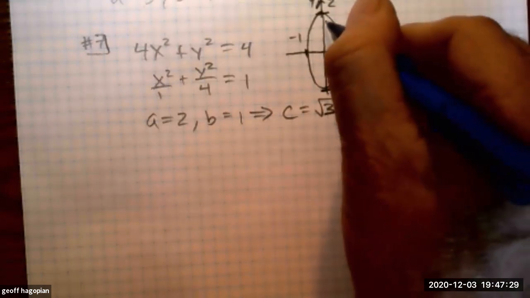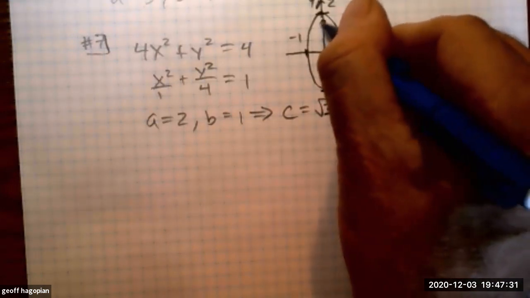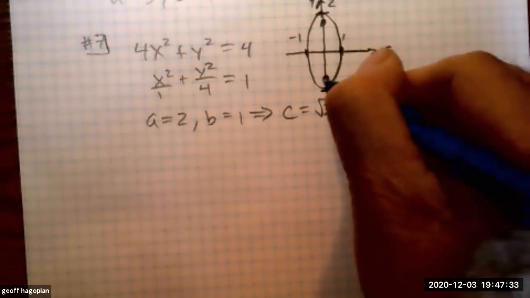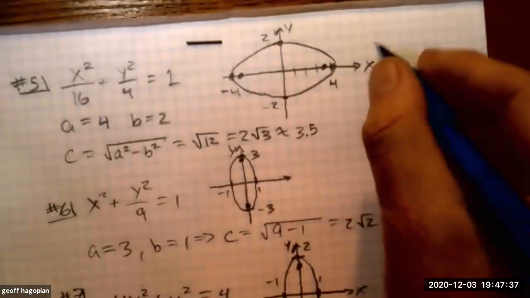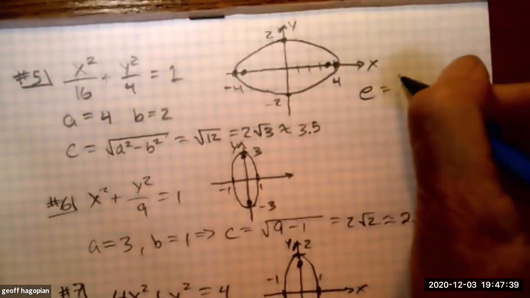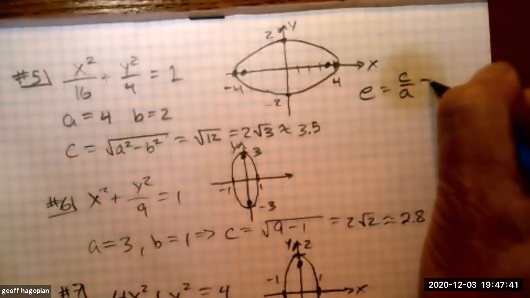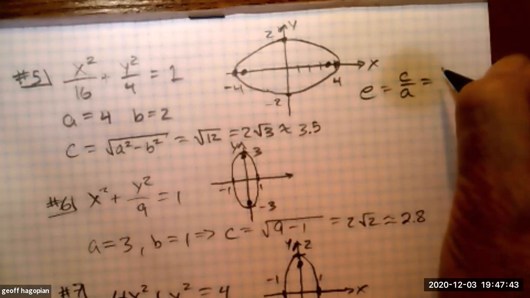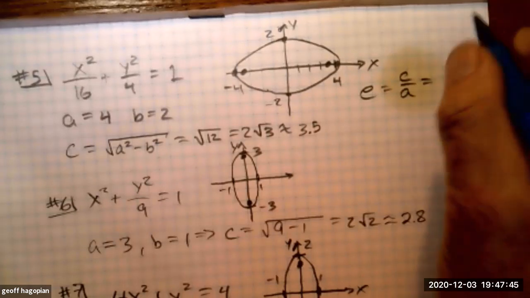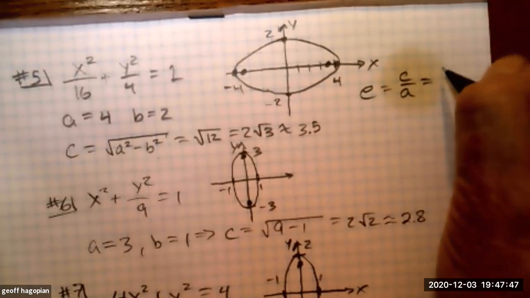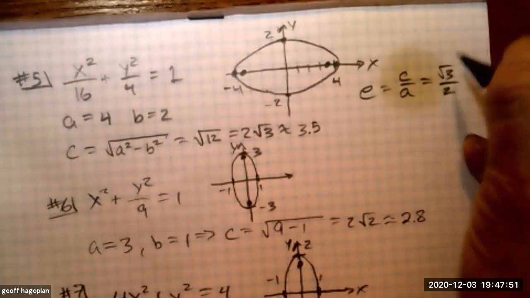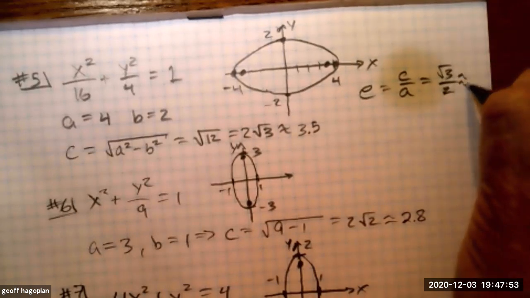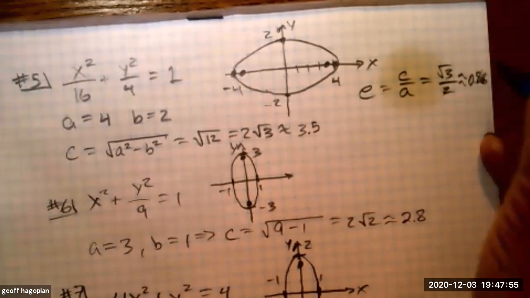And 1.7 is going to be, again, these are pretty eccentric, right? So what are the eccentricities here? This one has E equals C over A, and that's going to be twice square root of 3 over 4, or square root of 3 over 2. So about 0.866, that's a nice trig number. So that's pretty eccentric.